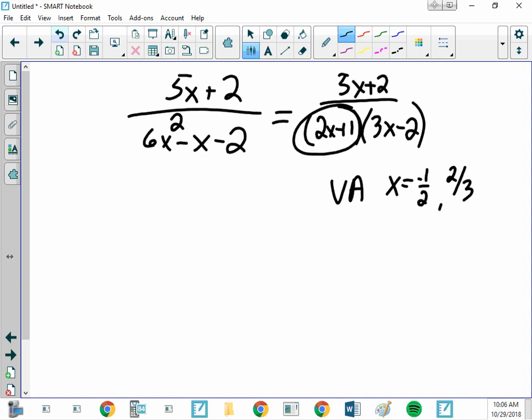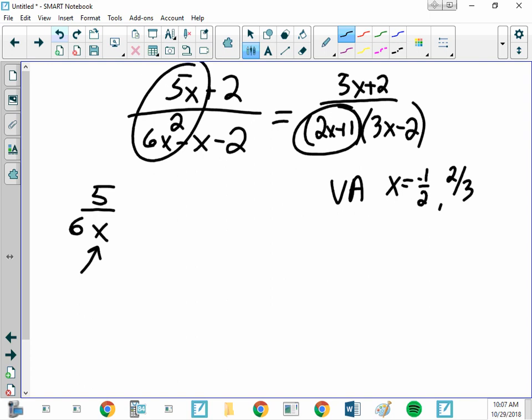Okay. Does this graph have a horizontal asymptote? Yes. I divide the leading coefficients, and I get 5 over 6x. That is essentially 0, because if I plug really large numbers in there, the 5 and the 6 don't even matter. 5 divided by 6 times an enormous number is still 0.